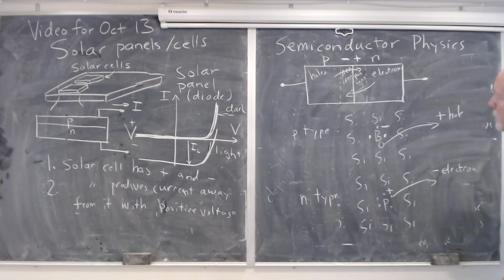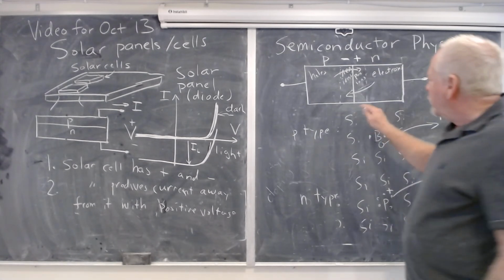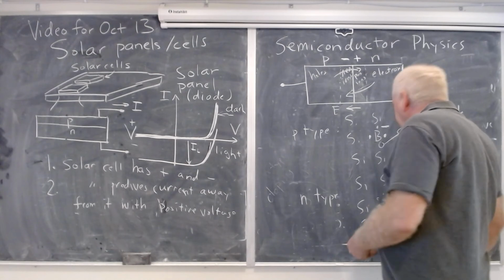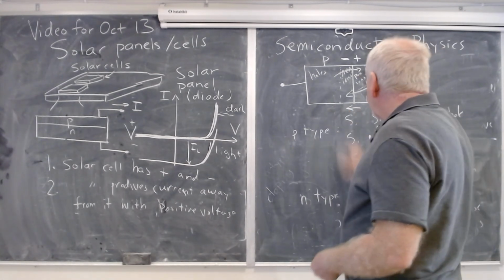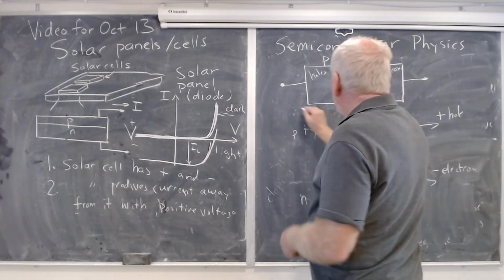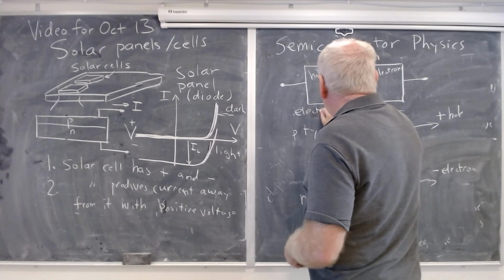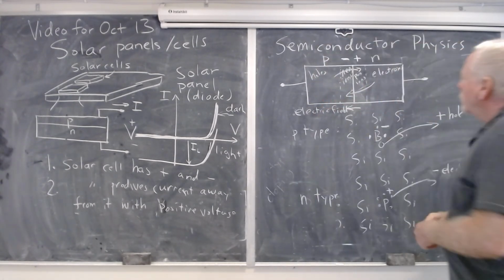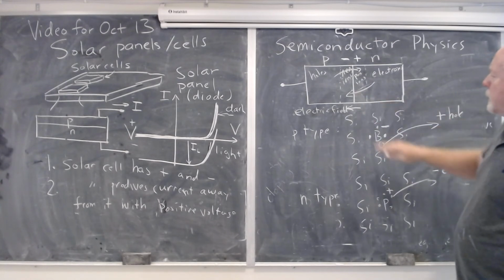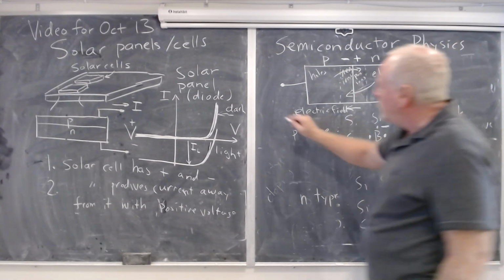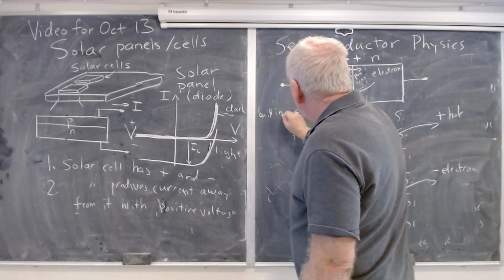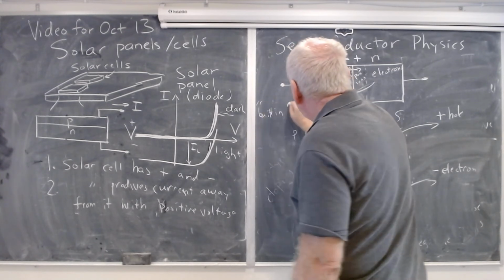Now think about what this means. Remember electric fields. Let me write out electric fields so we don't confuse it with energy. Electric fields go from plus to minus, and so this results in a built-in electric field.